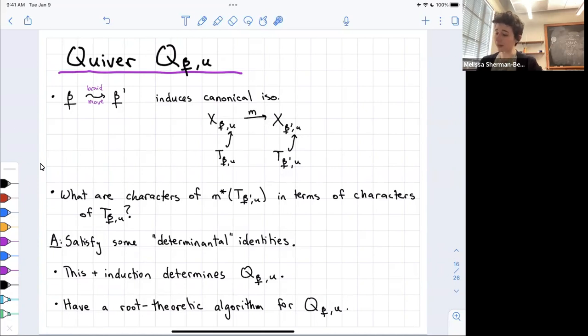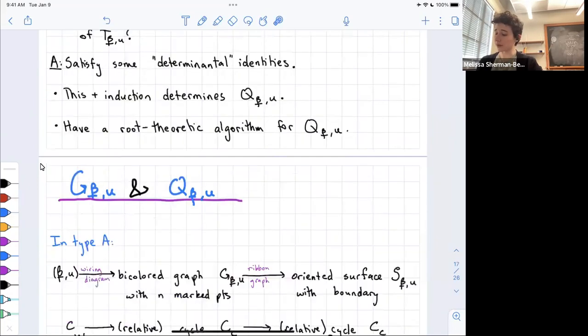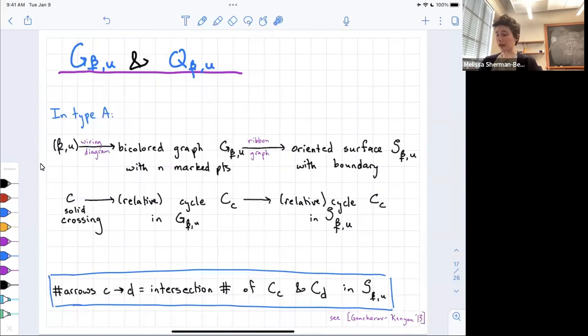But in type A, you can be much more explicit and just give a recipe for the quiver without doing anything particularly algorithmic or inductive. So I'll spend the last little bit of the talk talking about what to do in type A to get the quiver. And it's all just combinatorial.